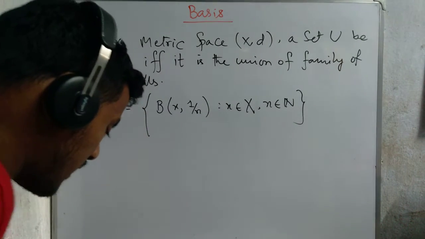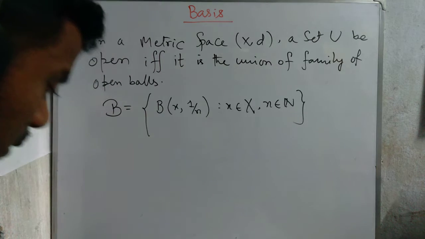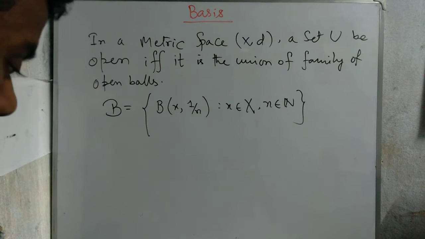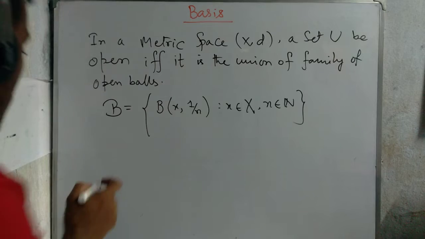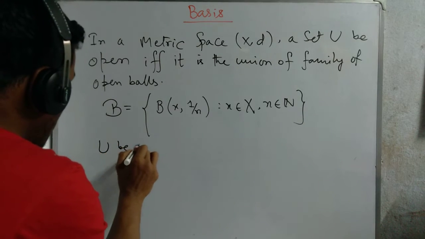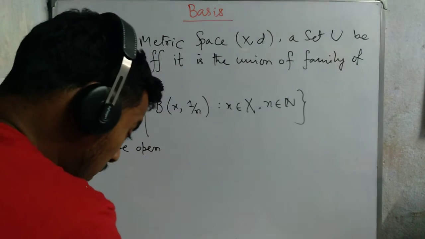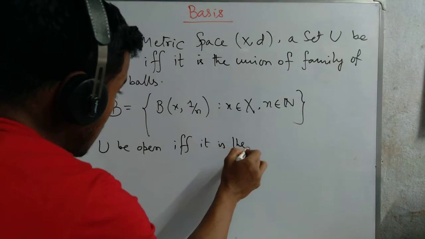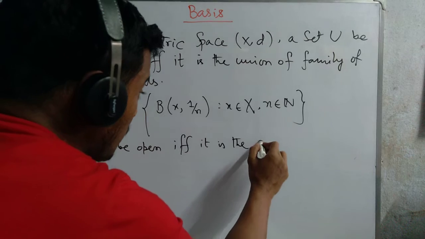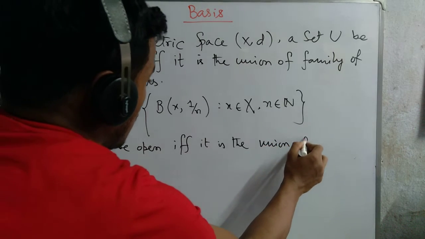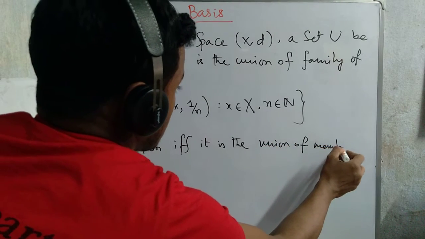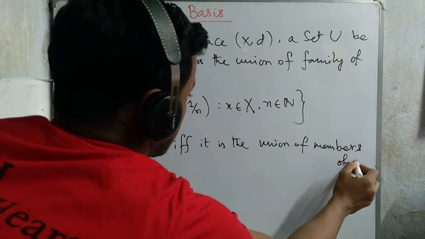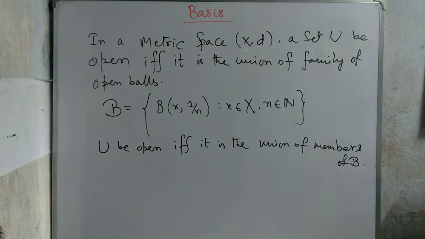Now we also write here: a set U is open if and only if it is the union of members of B. Union of members of script B.